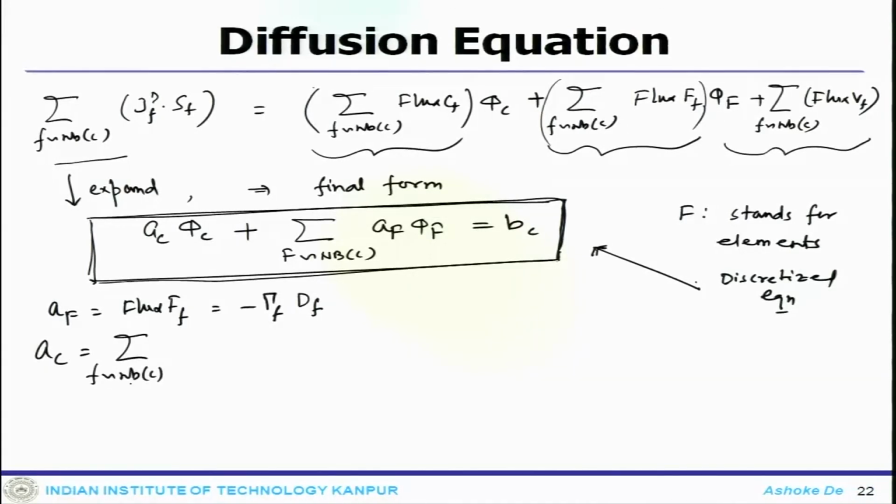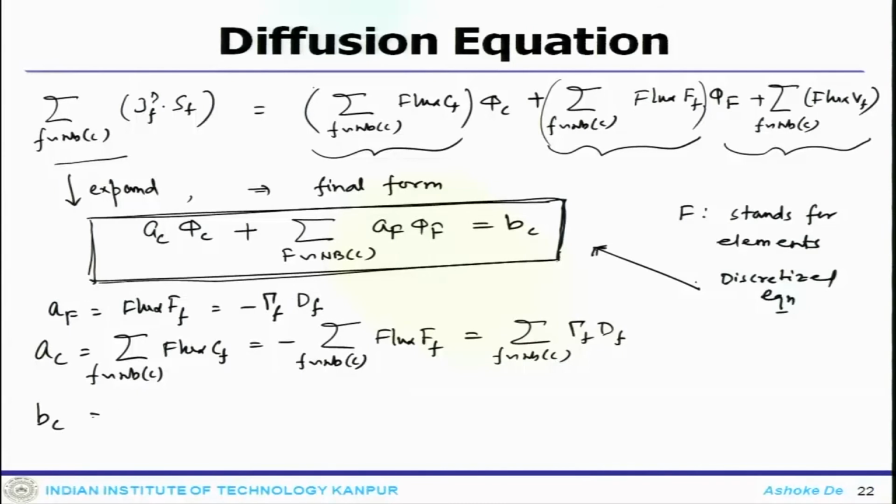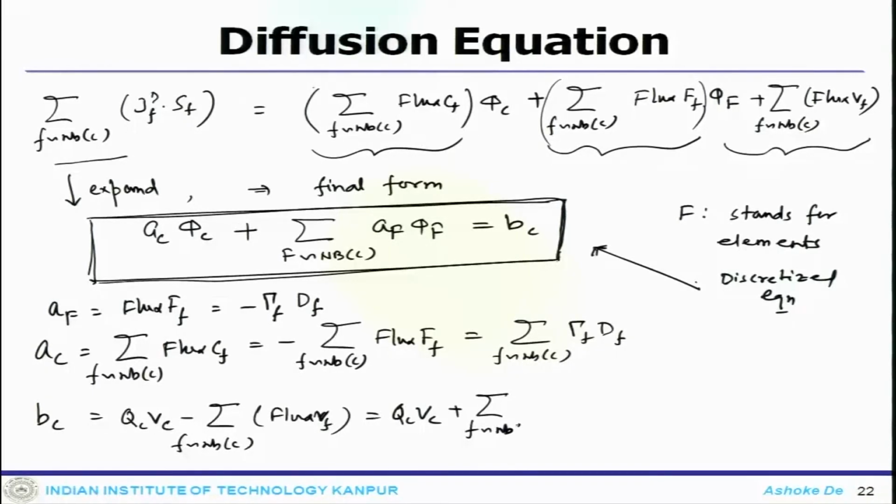Now, we just look at the coefficients for this case: flux Ff is nothing but gamma f df, and my Bc is Qc Bc minus summation of NBC flux Vf, equals Qc Bc plus summation of f gamma del phi f dot Tf.